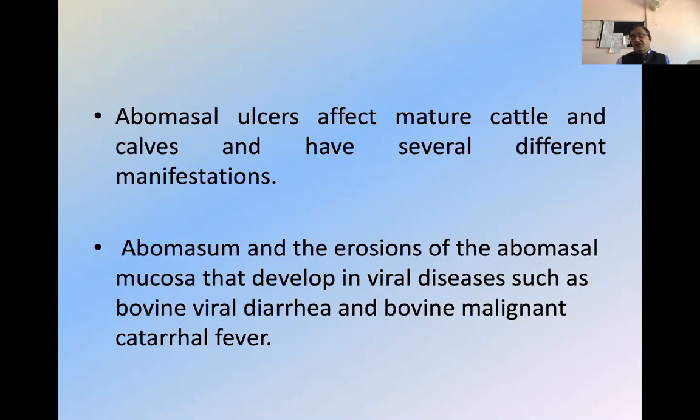So abomasal ulcer, generally we deal with abomasitis and abomasal ulcer in a similar manner, because there is only one line of differentiation. If the abomasitis remains for a certain period of time, कुछ दिन तक जब हम उसको ठीक नहीं करते हैं, that may be converted into ulcer, and you know the fate of an ulcer.